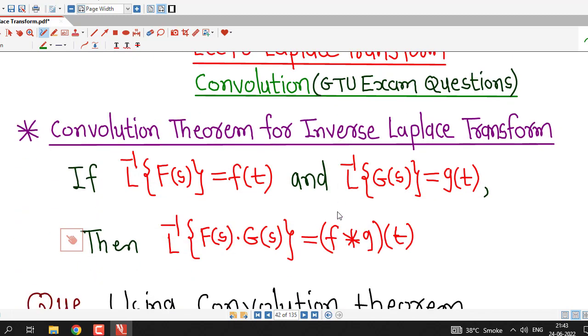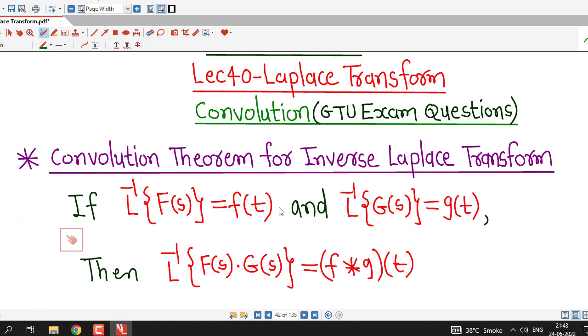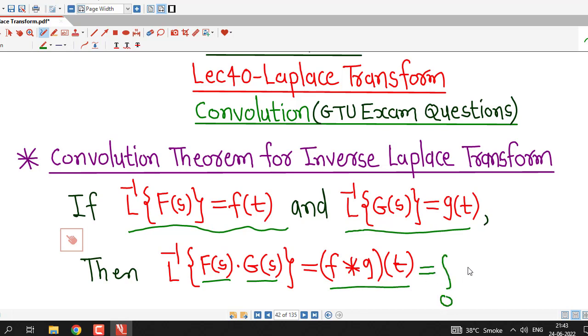So they can ask you to write down the convolution theorem for inverse Laplace transform, and you can write in this way: if inverse Laplace transform of capital F is small f and inverse Laplace transform of capital G is small g, then inverse Laplace transform of capital F into capital G equal to convolution of f and g, and this is equal to integral from 0 to t f of u g of t minus u.